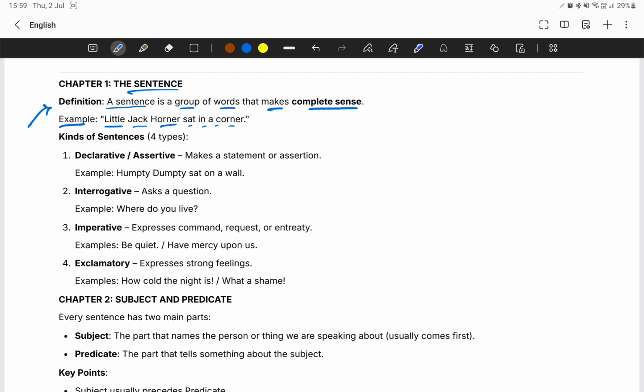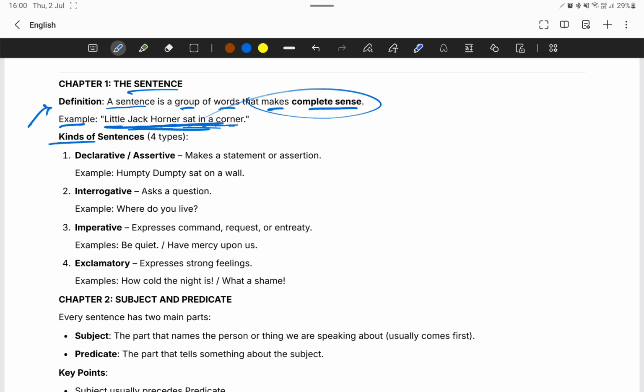So when you combine or arrange these words in a group, and when it makes complete sense, like little Jack sat in a corner, so this group of words makes complete sense, then this is a sentence. I hope you get it.